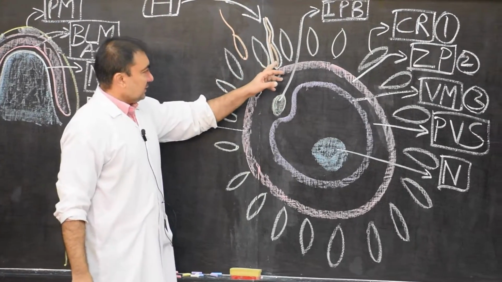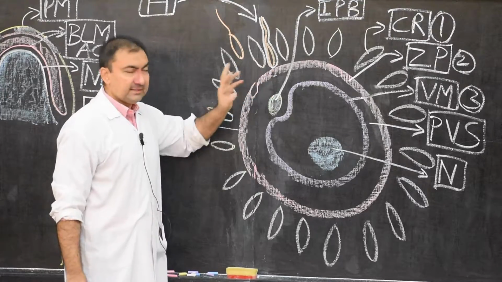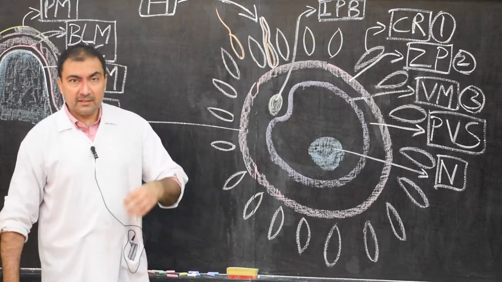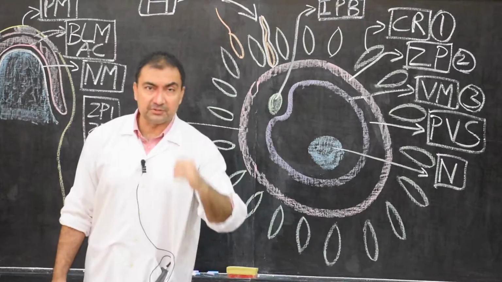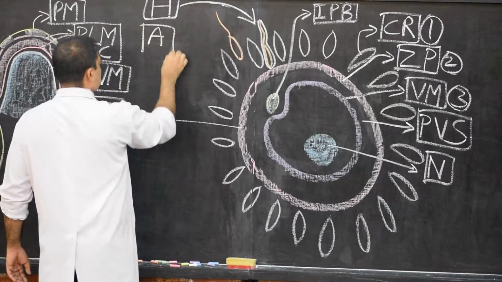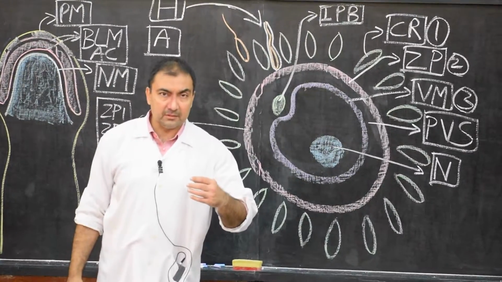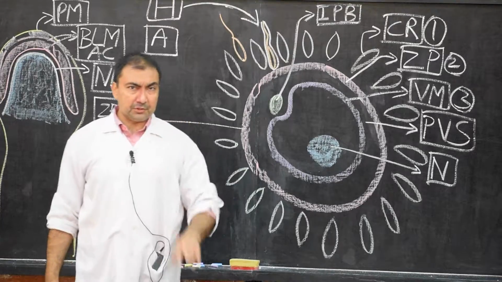Therefore, the acrosomic cap of the head of spermatozoon will bind with zona pellucida and it will release the second enzyme, acrosine. So acrosine is released after hyaluronidase. Acrosine will cause digestion of that portion of zona pellucida.